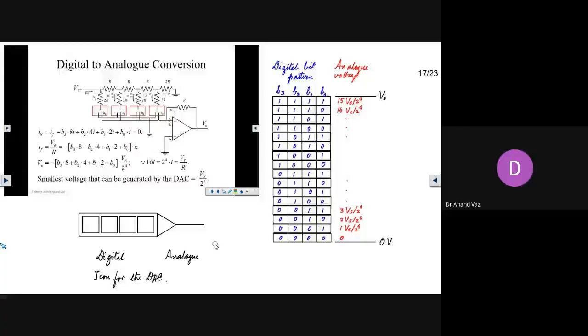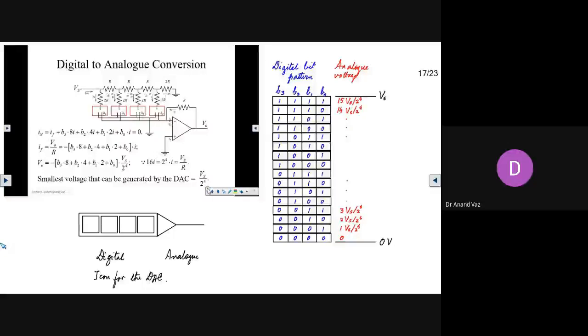Another point which is worth mentioning here is the smallest voltage that can be generated by the digital to analog converter. You can see that it's very difficult for us to produce such a small voltage normally. But here, just by putting on these switches, if you have 8 bits, then you can have the smallest step as Vs divided by 2 raised to 8, that is Vs divided by 256.